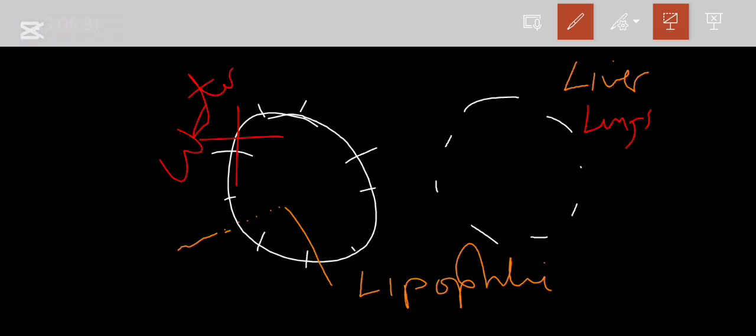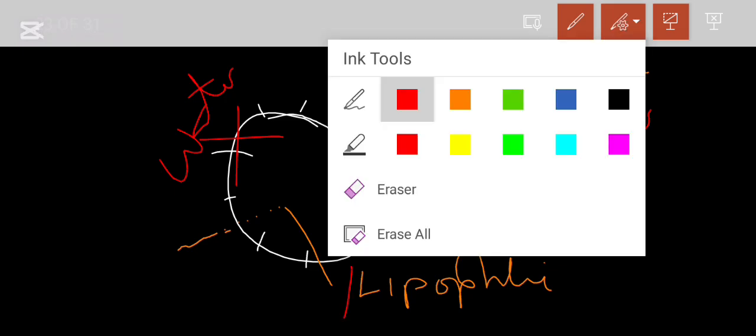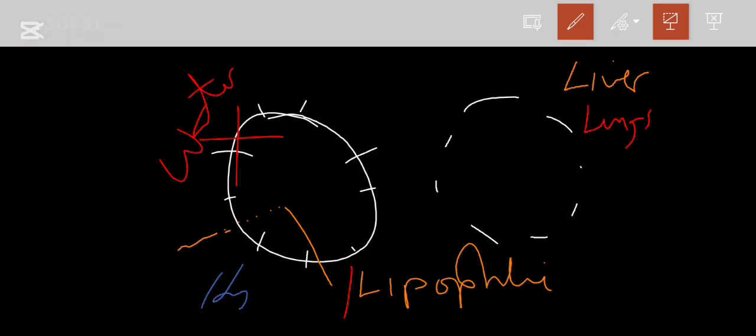But any hydrophobic substance, we are referring to as lipophilic. Lipophilic and hydrophobic are one and the same concept. So this is the reason why capillary permeability is another factor that affects distribution of a drug specifically. Okay. So now let's move to the next question.